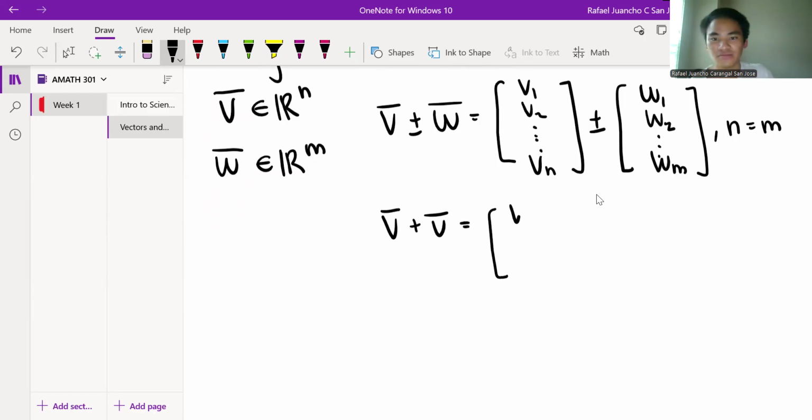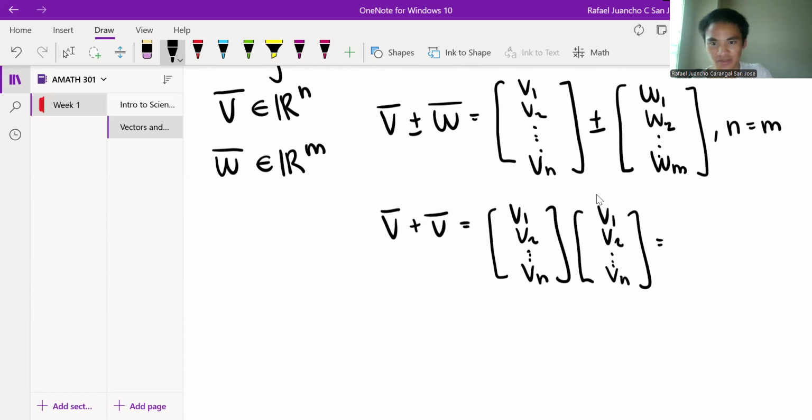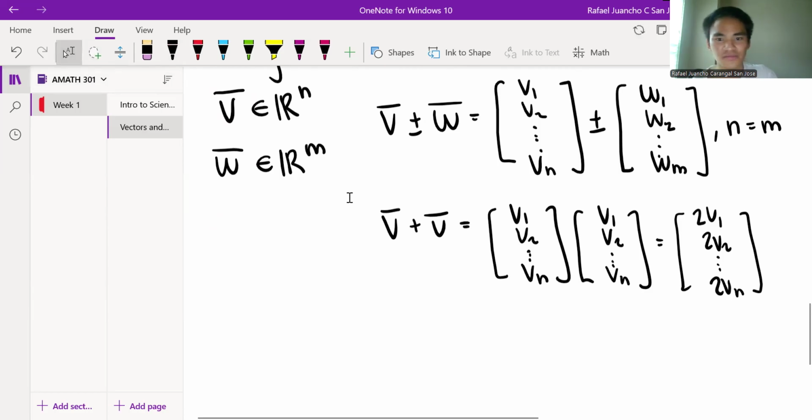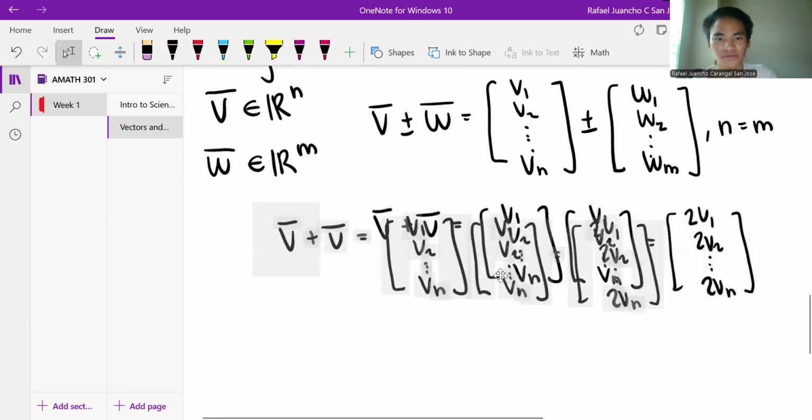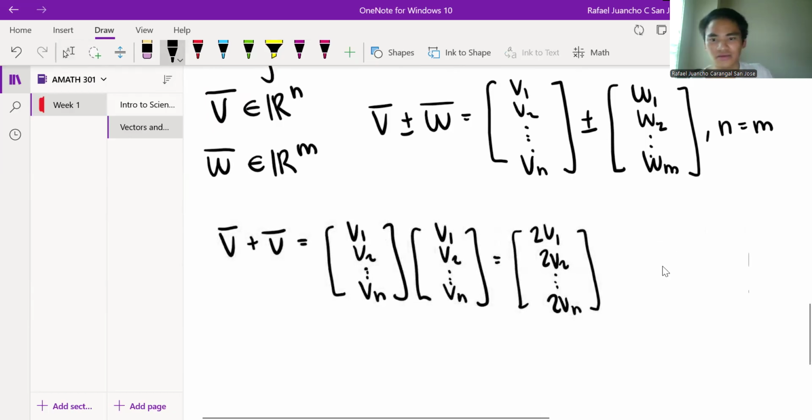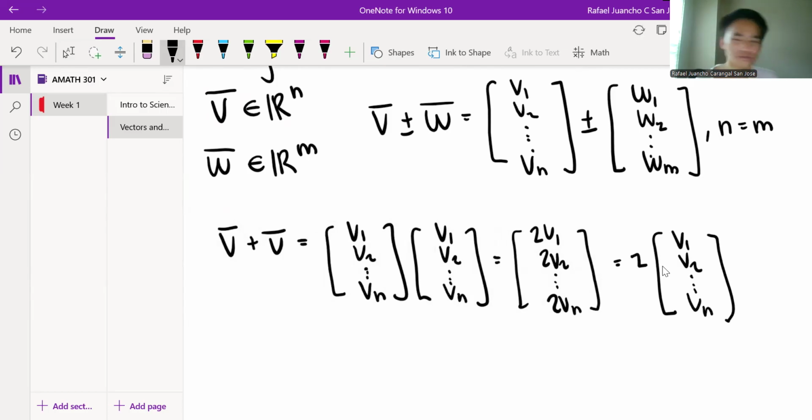We add these two, v1, v2, same thing. We can simplify this by saying twice the thing: 2v1, 2v2, all the way to 2vn. And we can factor out the 2 from the vector itself, so we have 2 times v1, v2, vn.